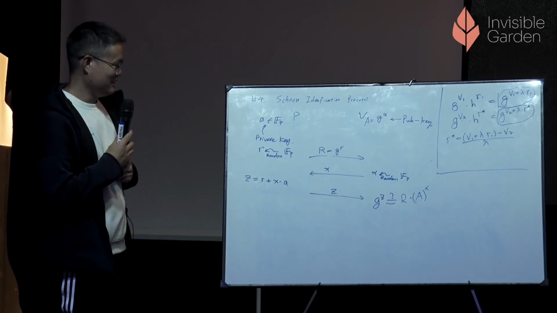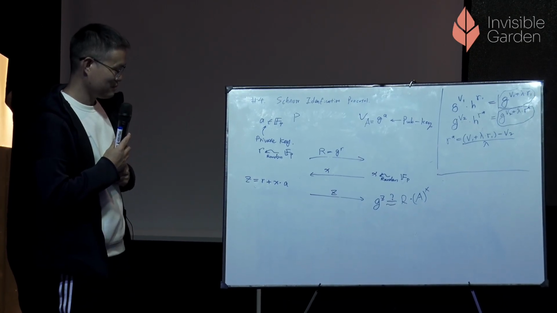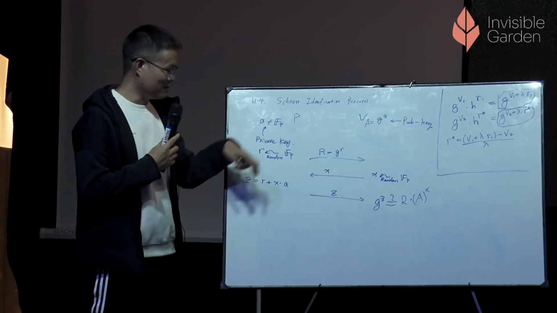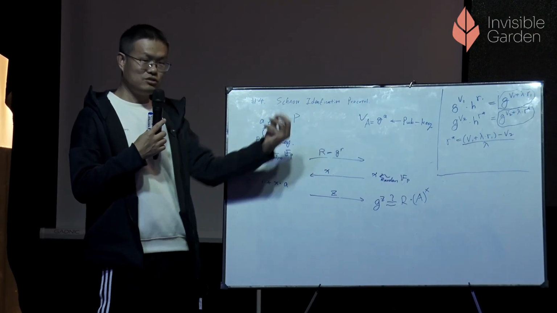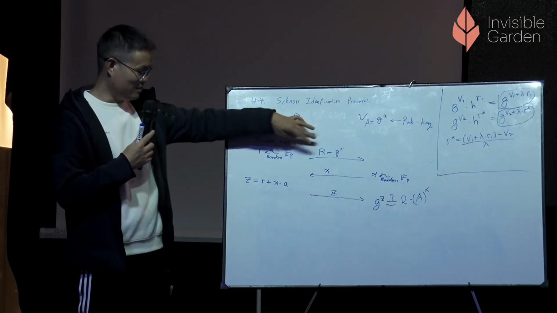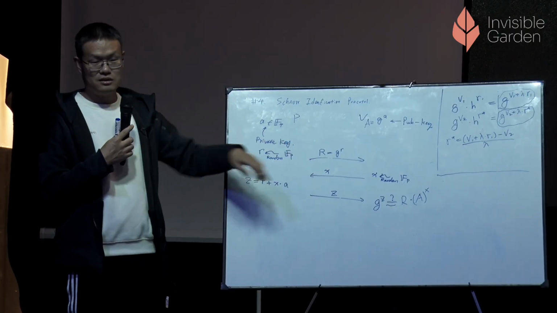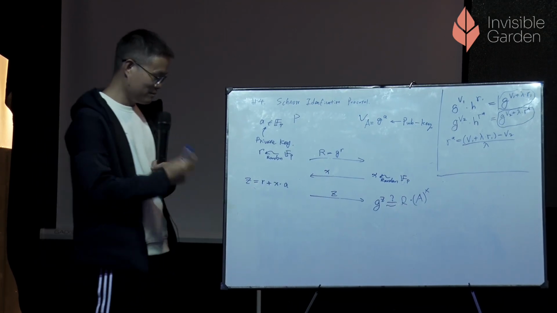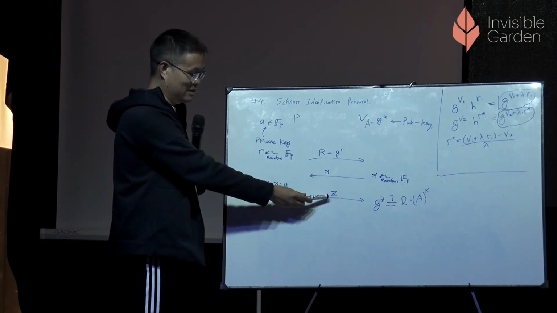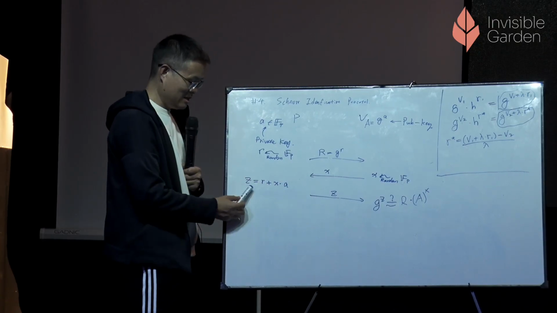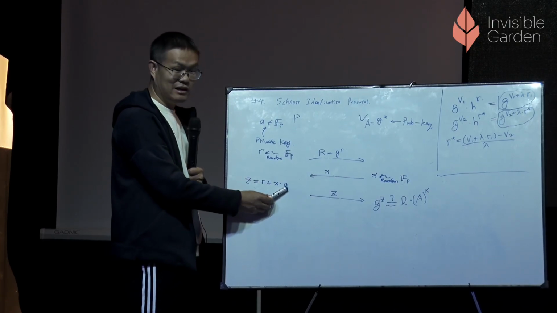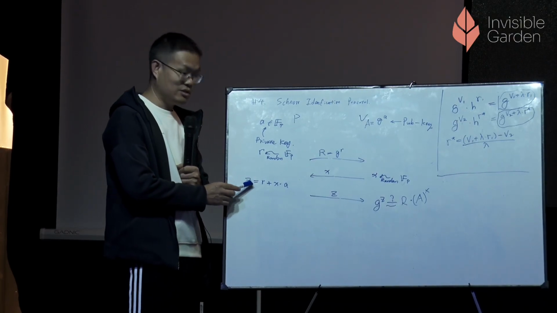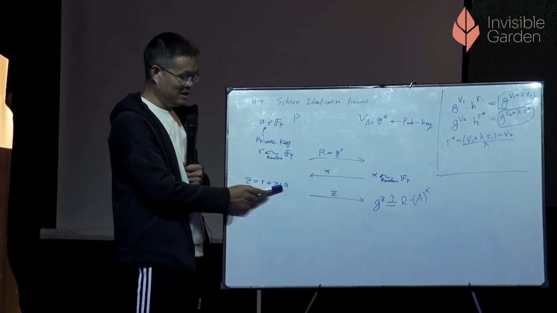And then the zero knowledge says that the verifier cannot extract the A from the communication. We can see that because the final step is Z, right? Z is R plus X times A. So we can treat Z basically as the encrypted A, right?